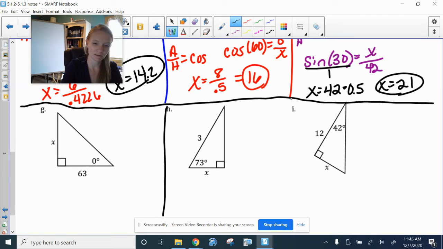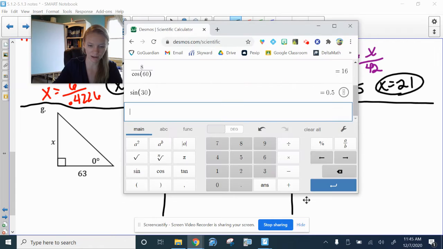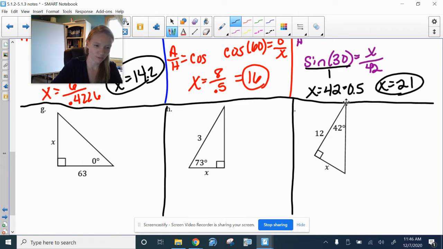On the next one, I have a 0-degree angle. Guess what? Whether I do sine, cosine, or tangent, let me get my calculator here again. If I was doing sine of 0, I get 0. If I do cosine of 0, well, that gives me 1. And if I do tangent of 0, I get 0. So what we need to figure out is, what do I have? Here's my angle.